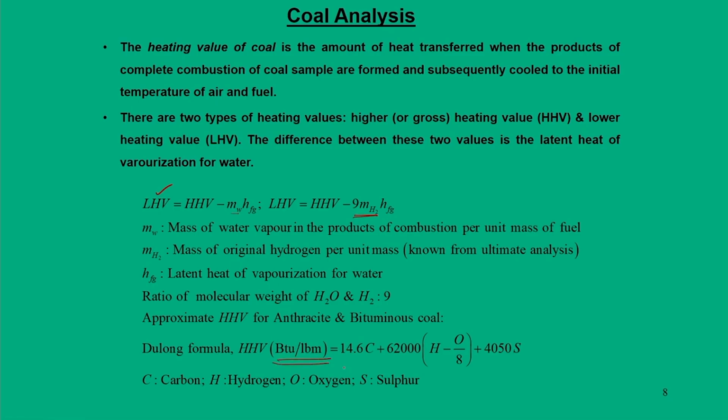If you want to calculate the higher heating value of the fuel in BTU per lbm, then it is equal to 14,600 C plus 62,000 into (H minus O by 8) plus 4050 S. This is a very standard formula which can be directly used to calculate the higher heating value of the fuel. Once you know the higher heating value and the latent heat of vaporization, it is possible to calculate the lower heating value of the fuel.